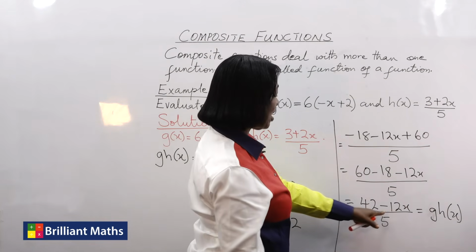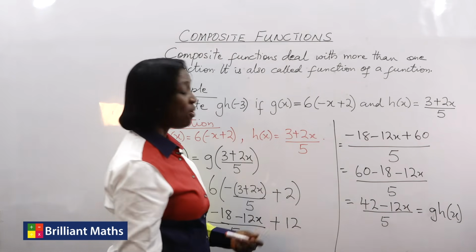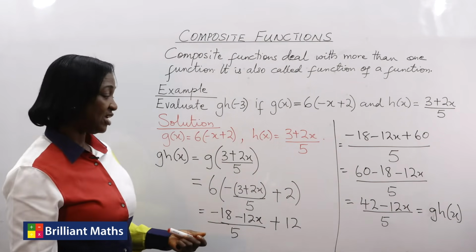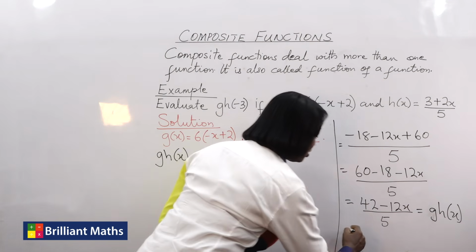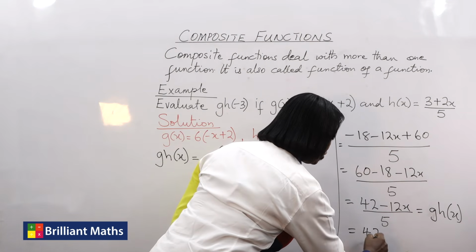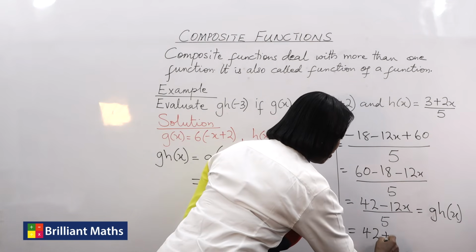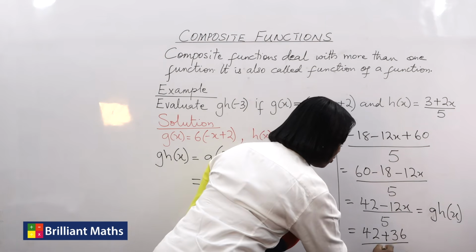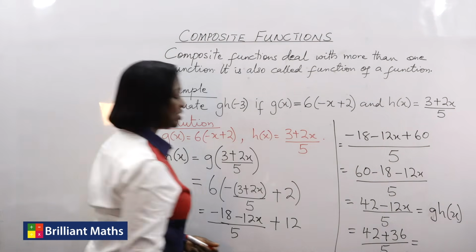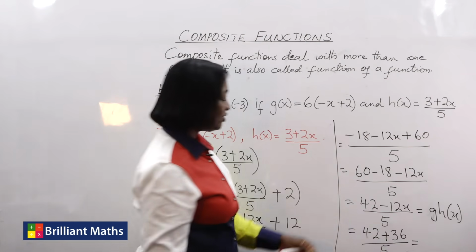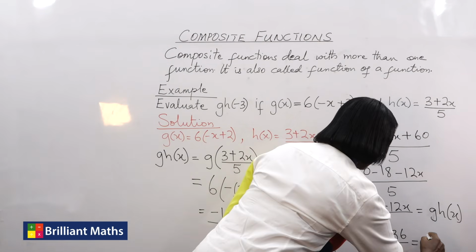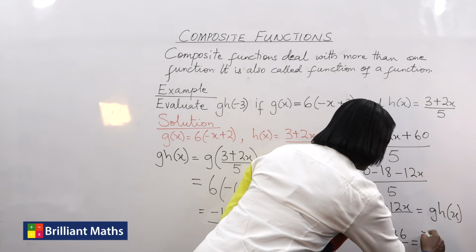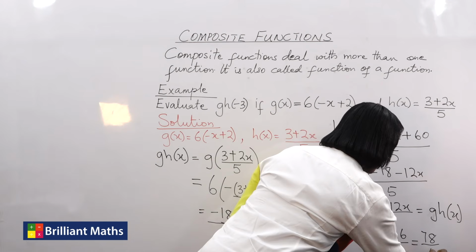So minus 3 times minus 12 will be positive 36. So that we have 42 plus 36 over 5. And what does that become? 78 over 5.